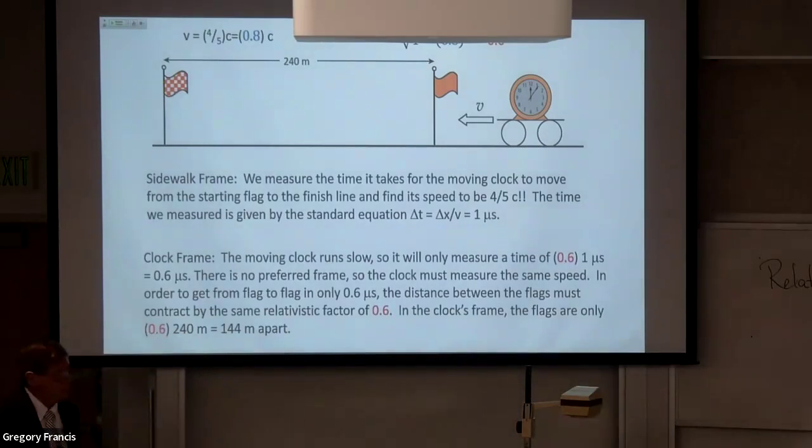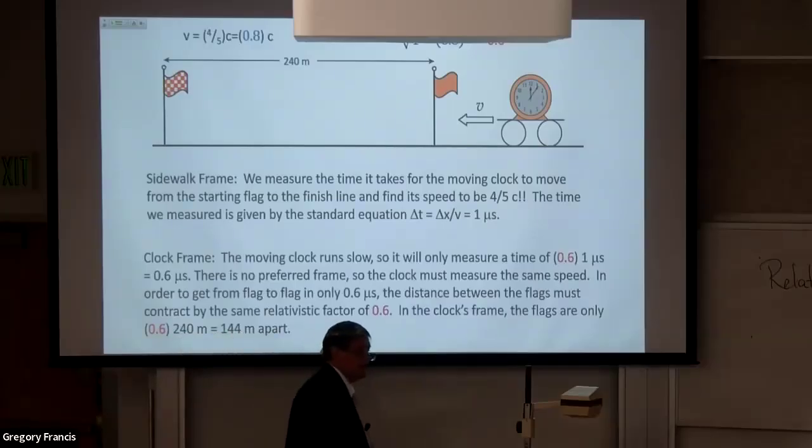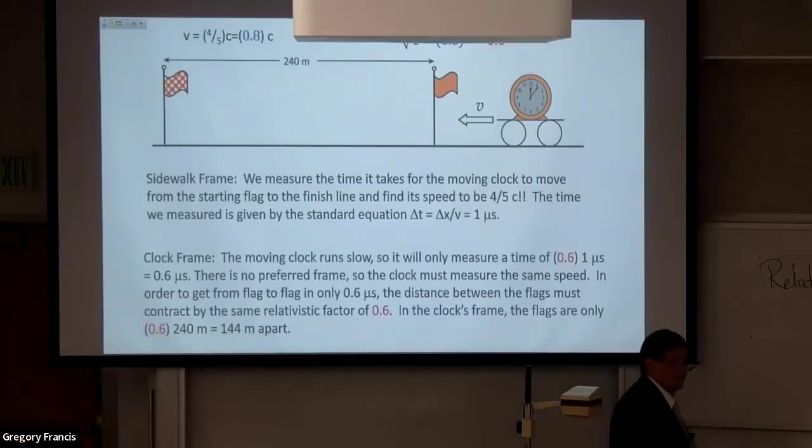So in the moving frame on the cart, it seems like only 0.6 microseconds passed, but it also seems like the flags were only 60% of 240 meters or 144 meters apart. So someone that's on that cart is still going to measure, oh, the flags are coming at me at 4/5 the speed of light.